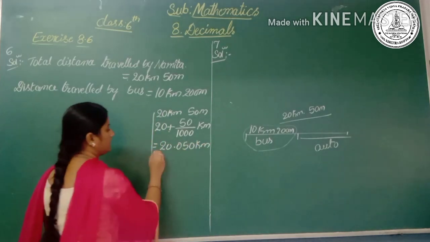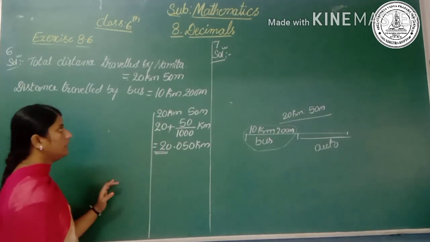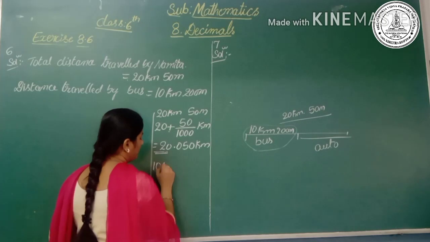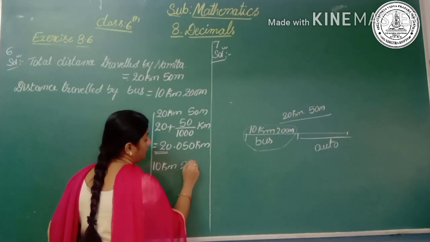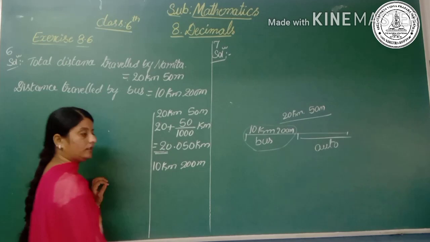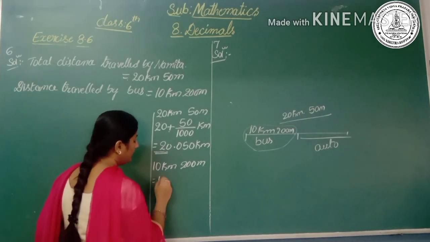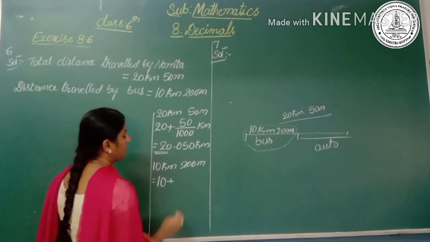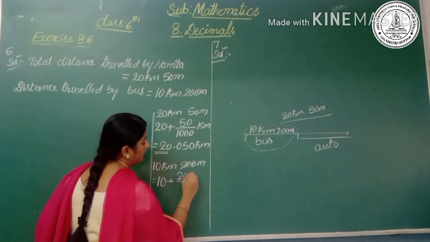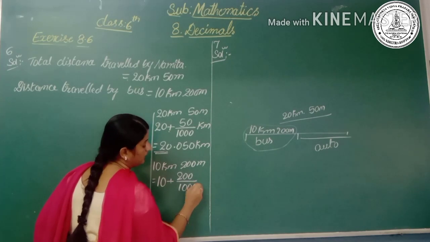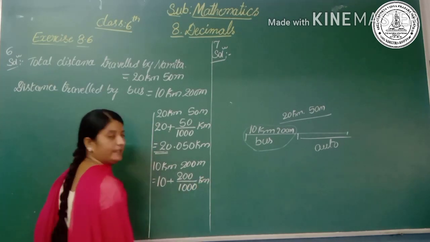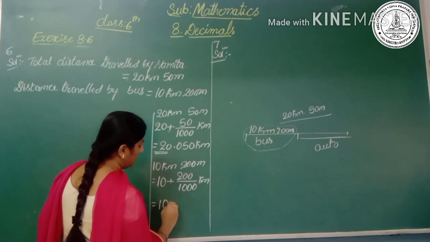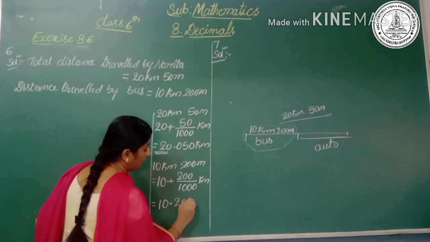Then the 10 kilometer and 200 meter. 10 kilometer is already in kilometer, plus convert 200 meter into kilometer. That is 200 divided by 1000 kilometer, which is equal to 10.200 kilometer.